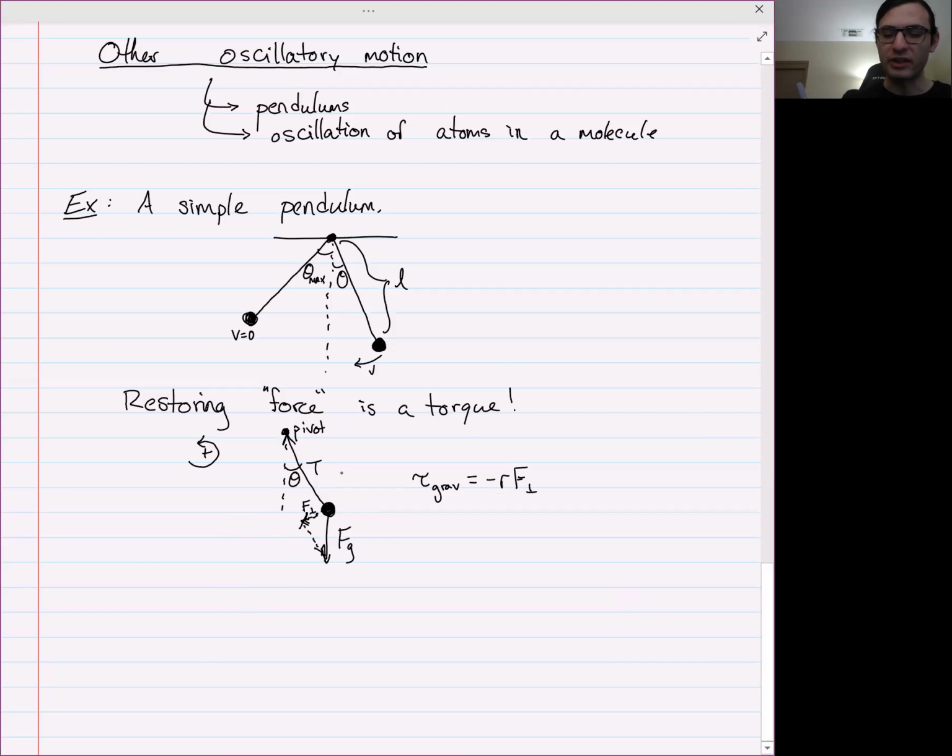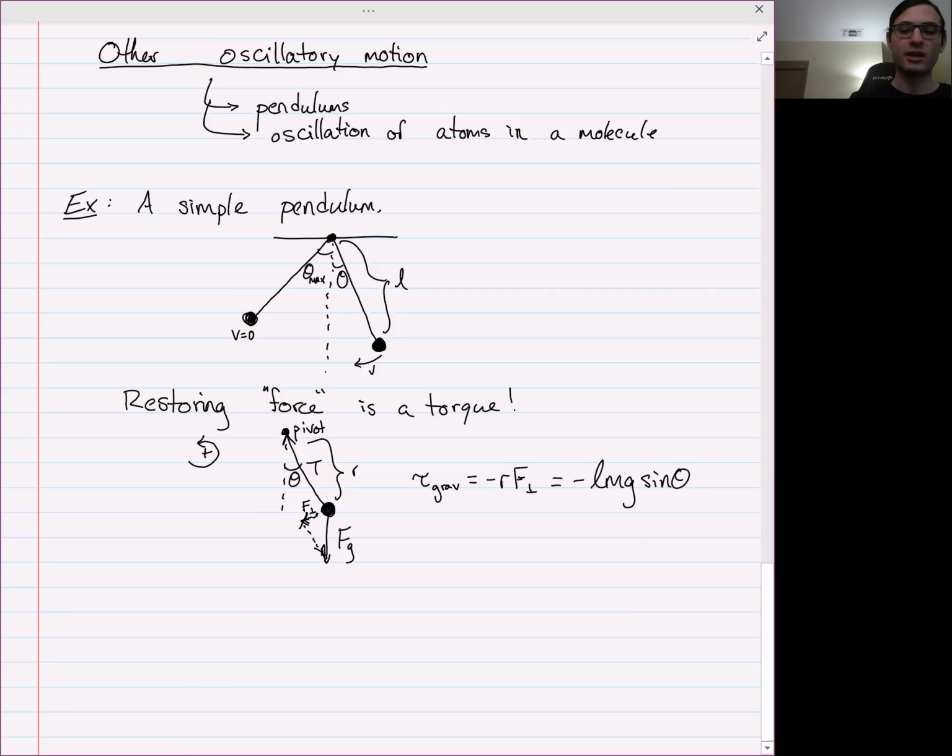And r is this distance, which we've already given a name. It's just L. So in terms of the variables of this system, the torque on the point mass is negative L m g times sine of theta. Okay, so that's the torque.